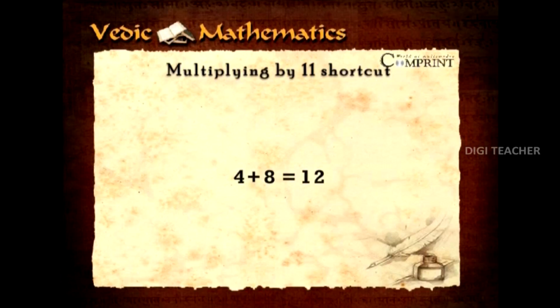So now we have to put the 12 in between the 4 and 8, but don't do this. 4, 1, 2, 8 is wrong. First, do this. Place the 2 from the 12 in between the 4 and 8, giving 4, 2, 8.